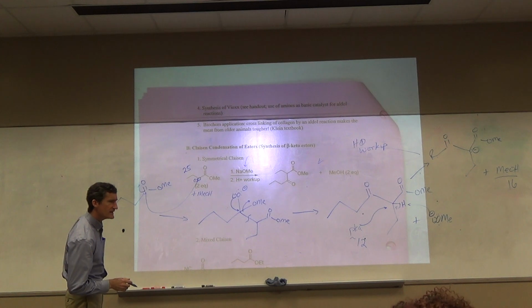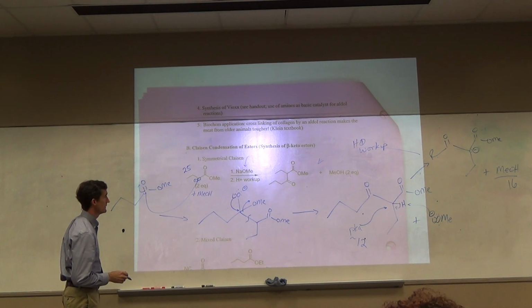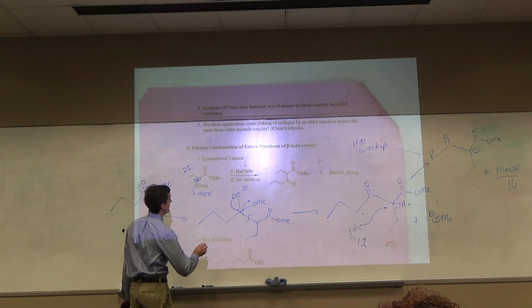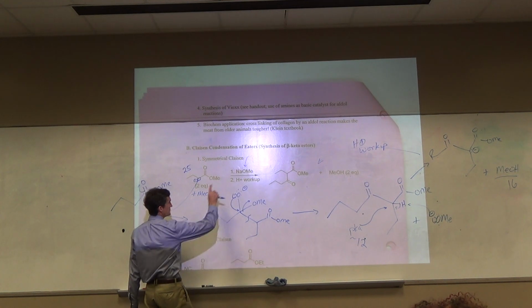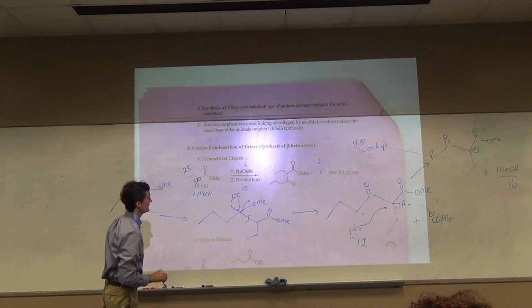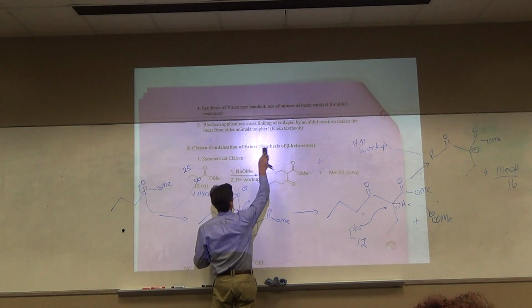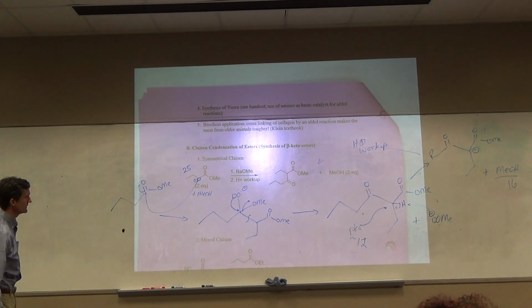Why is it two equivalents formed? I think the problem comes from calling this one equivalent here. It's at least one equivalent, or one equivalent plus catalyst.